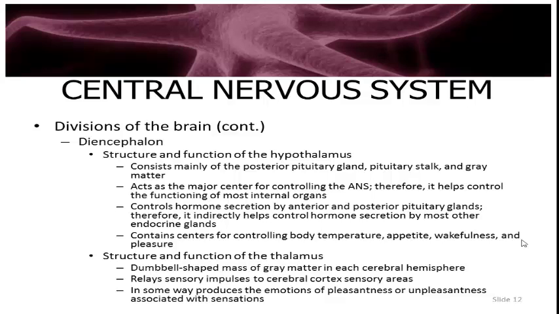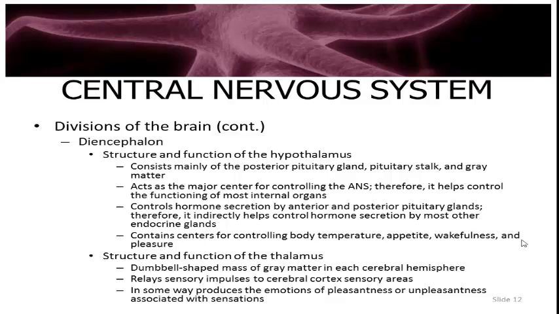The thalamus is a dumbbell-shaped mass of gray matter in each of the cerebral hemispheres. They relay sensory impulses to cerebral cortex sensory areas, and in some way they produce emotions of pleasantness or unpleasantness that are associated with sensations.